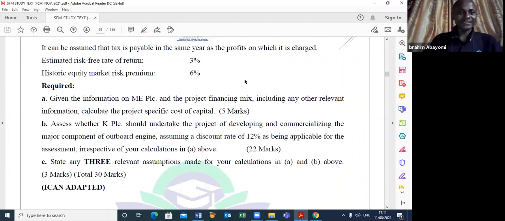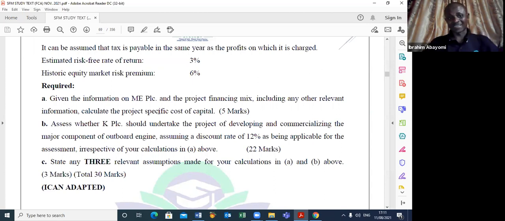And B, assess whether KPSC should undertake the project of developing and commercializing the major component of outboard engine, assuming a discount rate of 12% is applicable for the assessment, irrespective of your calculations in A above. C, state any three relevant assumptions made for your calculations in A and B above. So this is an ICAN adapted question.